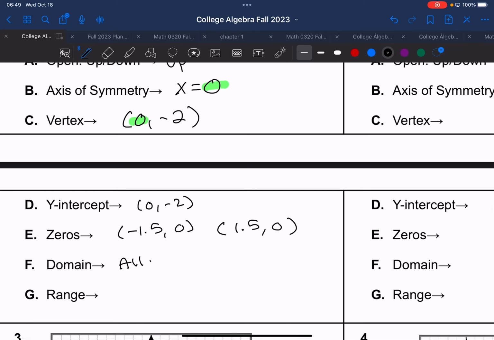I'm going to write all real numbers, or you can write that fancy R. You could write -infinity to +infinity. They're all the same. You could write any of those 3, it is correct.